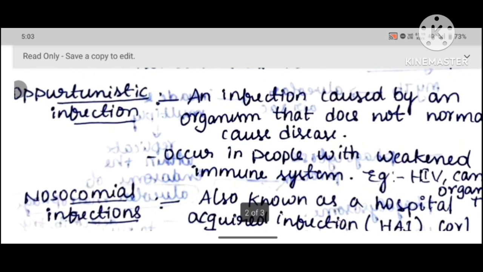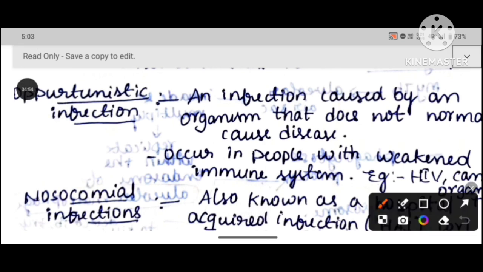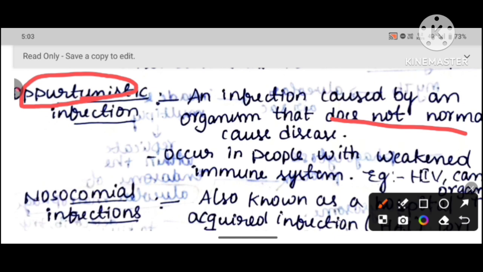Next, opportunistic infections. As the name suggests, these are infections caused by organisms which do not normally cause any disease, but if there is any change in the habitat, or if the person has a weaker immune system, this normal flora triggers itself to cause disease in the body.